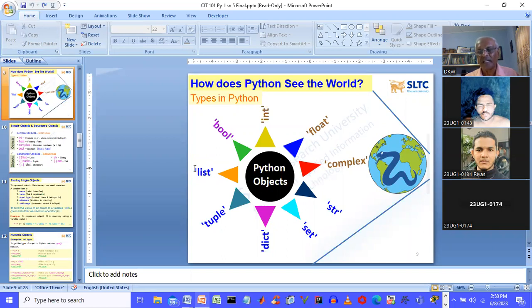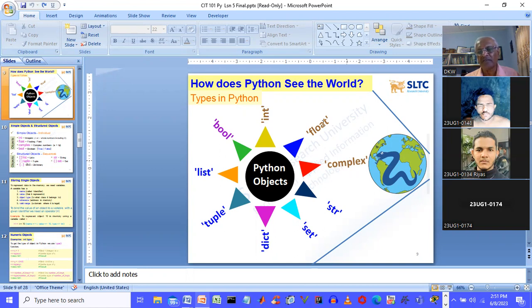Is it clear? Now can you see I have put different colors? These 3 are grouped. Int means integer, whole numbers. Float means floating point numbers, which are not whole numbers. Then complex numbers. Those who have done advanced mathematics may have come across them: a combination of a real number and an imaginary number is a complex number.